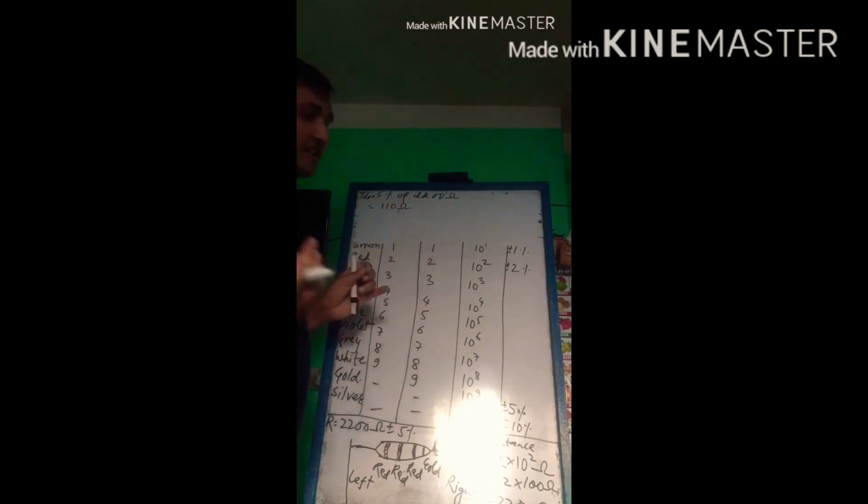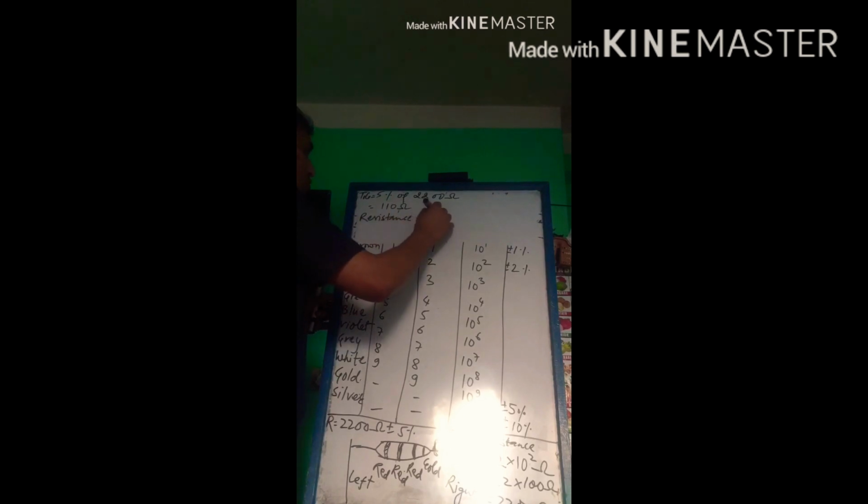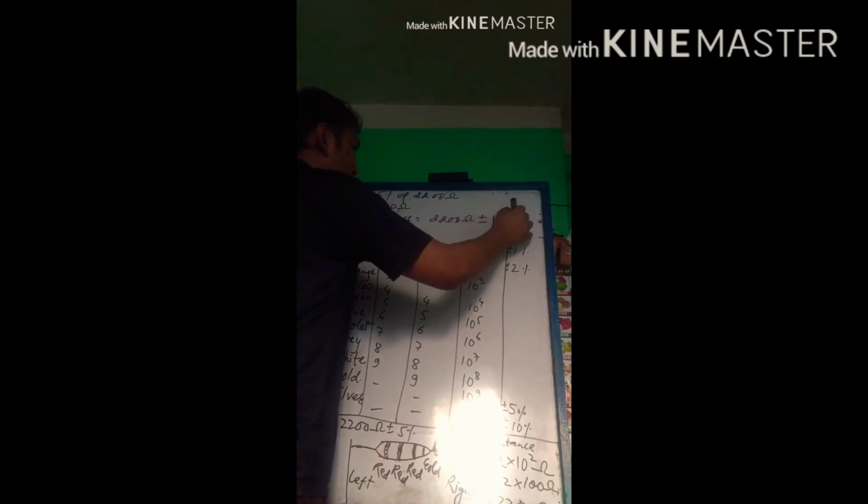Let us calculate the 5% tolerance. 5% of 2200 ohm equals how much? 100 goes 5 times, 5 tens, 110 ohm. It means the resistance may increase or decrease by 110. That means the resistance is 2200 ohm, and it may fluctuate, plus minus 110 ohm.